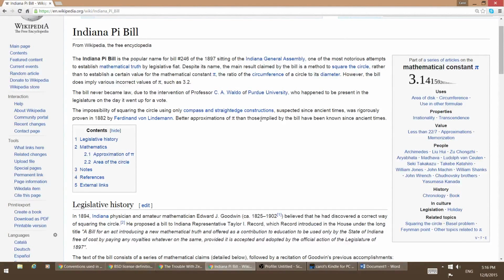because they're saying it can't be done according to this Ferdinand von Lindemann. They can't change pi. So this guy named Waldo came in after the General Assembly voted it in to establish a mathematical truth, therefore making it law by legislative fiat.